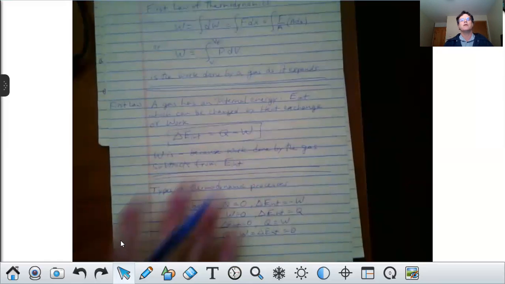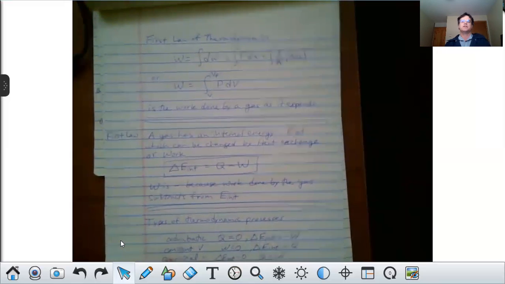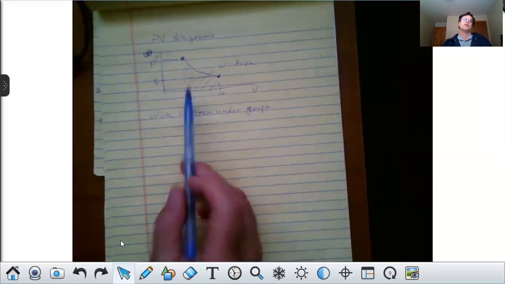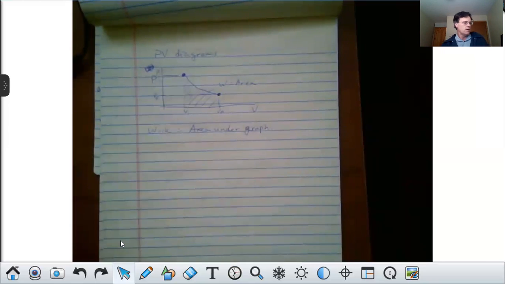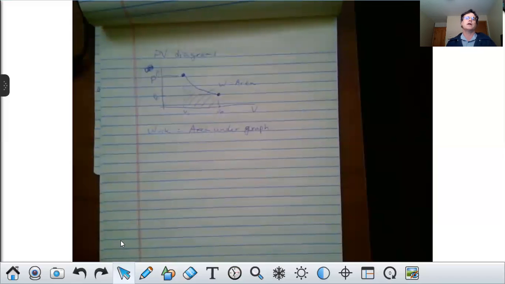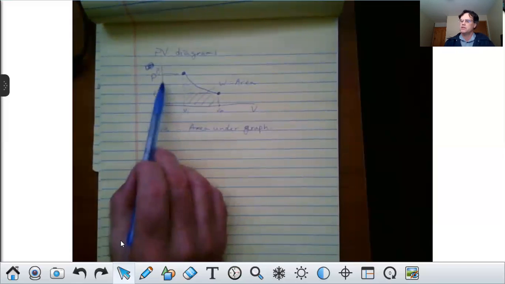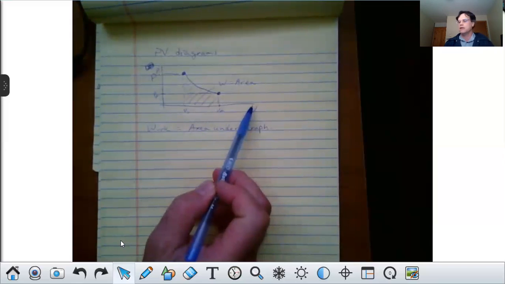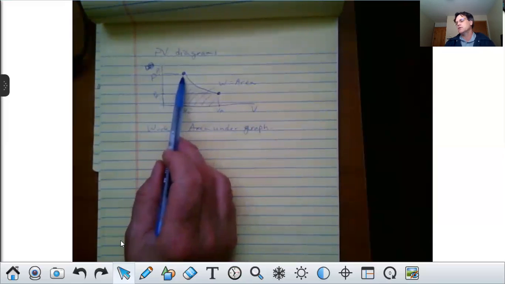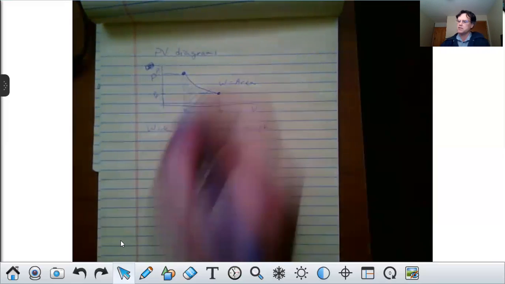All right, so the other thing I want to talk about that we'll see later on, before I do an example, is what's called a PV, or pressure volume, diagram. It's often convenient when talking about thermodynamic processes with these gases to draw a graph of pressure versus volume. If you consider a certain process as the gas changes, it could be expanding, whatever the process is.